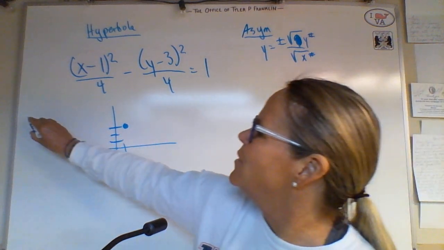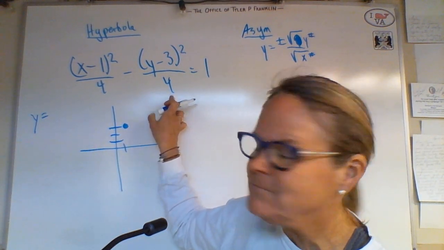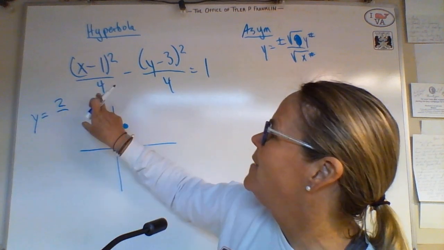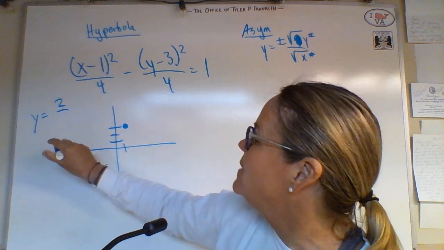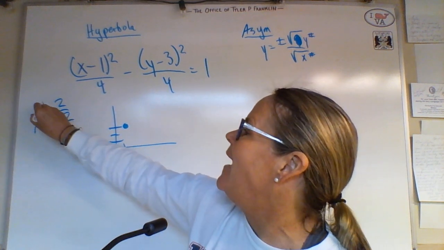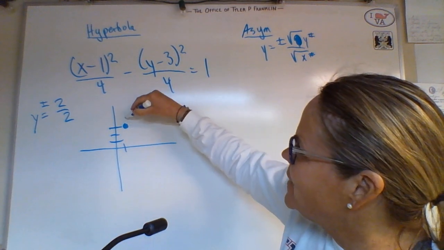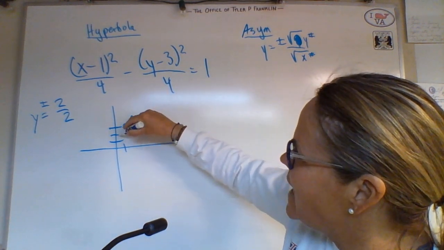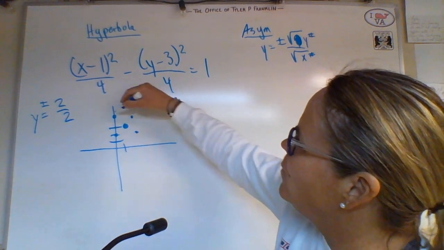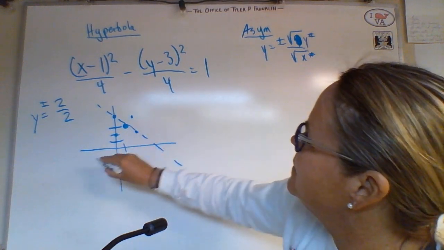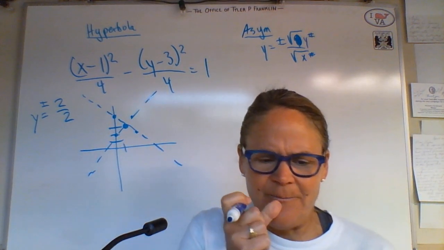So my asymptotes are going to be the square root of the y number, which is 2, over the square root of the x number, which is also 2. And really that's 1 over 1. So I'm going to go up 1 over 1, down 1 over 1, up 1 over 1, down 1, back 1, and there would be my asymptotes.